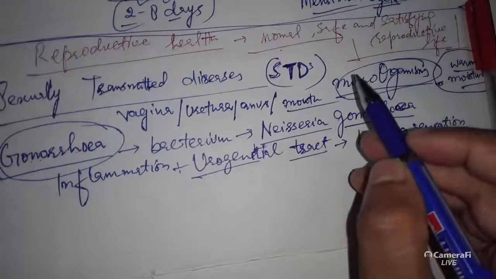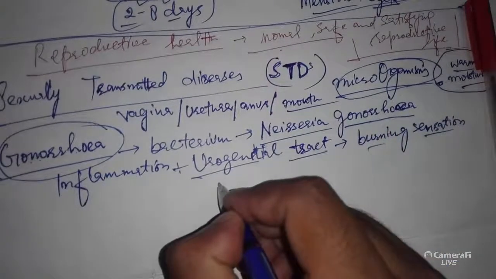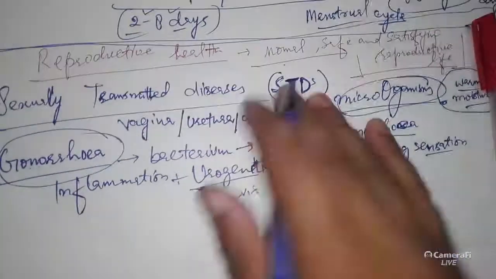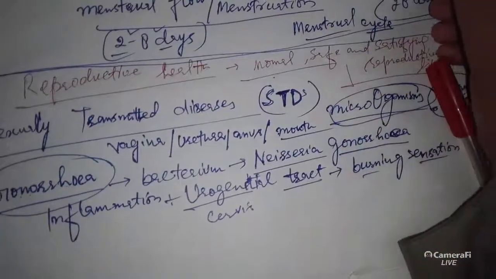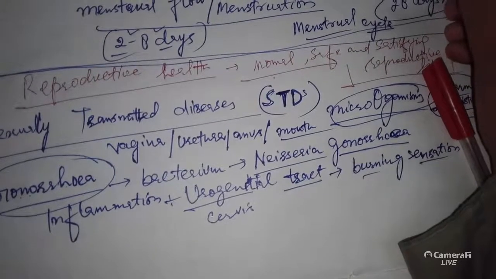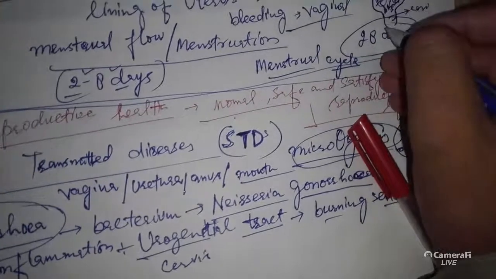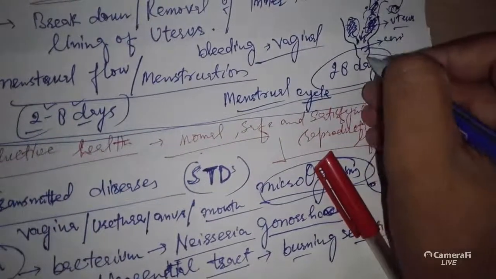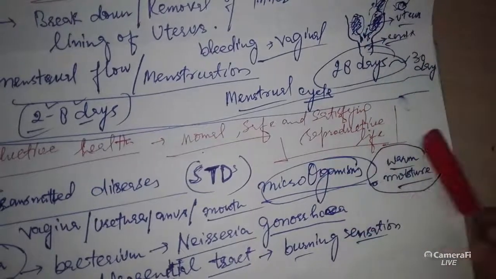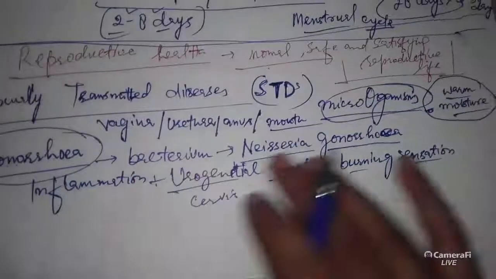Okay, in the case of man, and in the case of woman, it just affects the cervix. Cervix is the path, you can see here. Before the vagina we have a cavity here, that is called the cervix. In the case of woman, the cervix is infected by this bacteria.